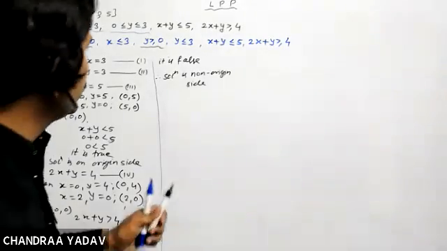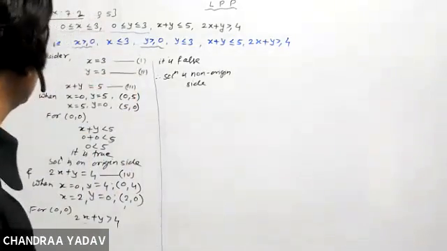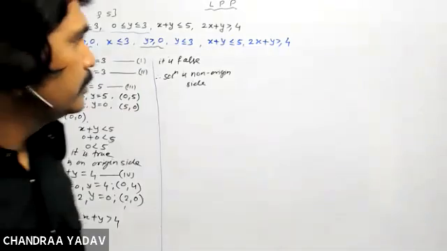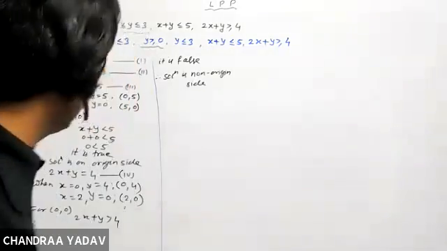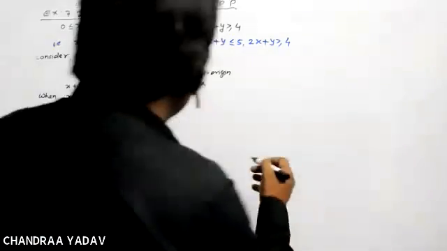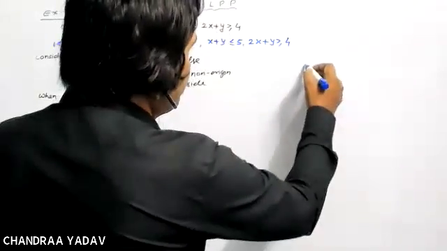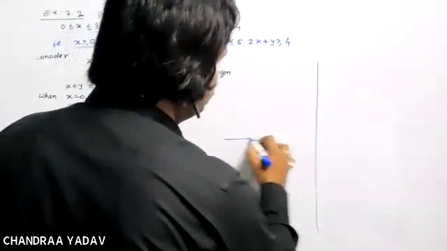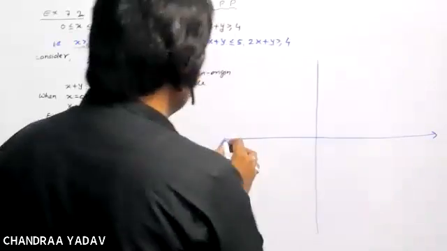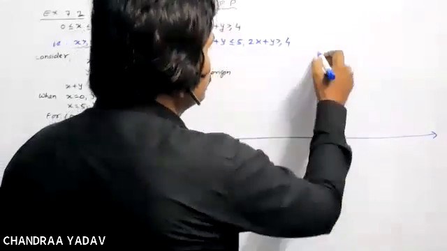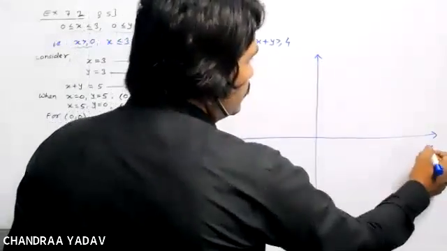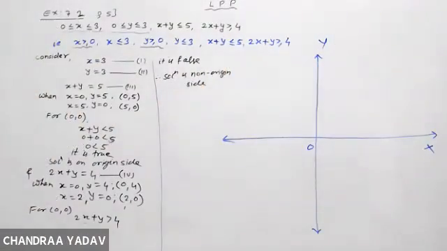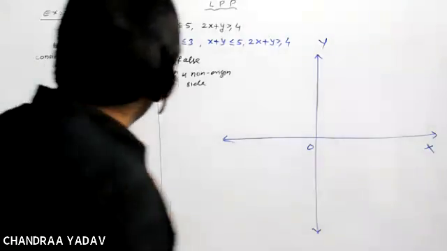Now what do we do? This condition gives that the solution feasible region will be contained in the first quadrant. Okay. Now let's see how to draw the graph. X-axis, Y-axis, this is the origin. Now, the maximum value is 5.